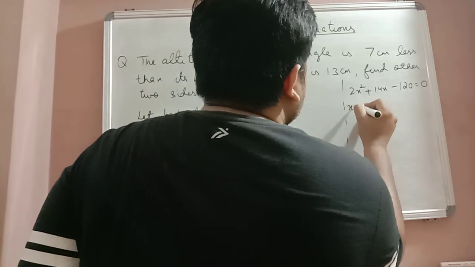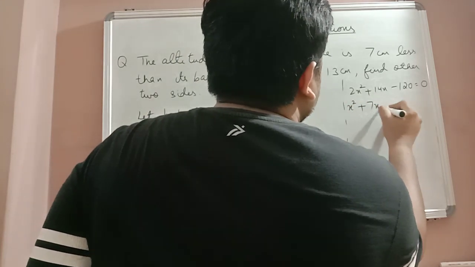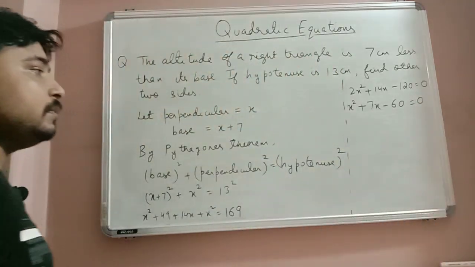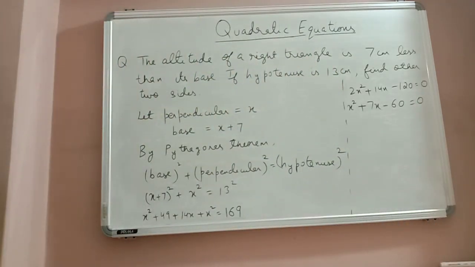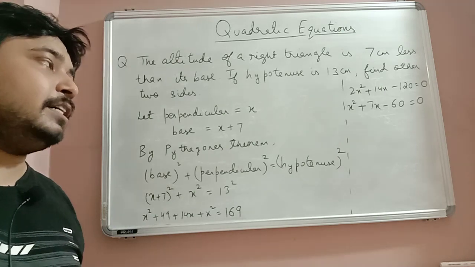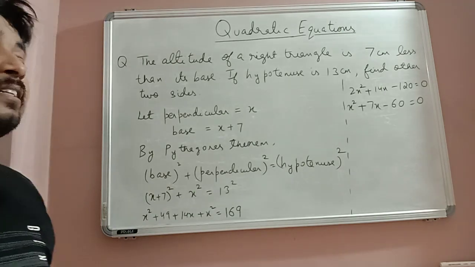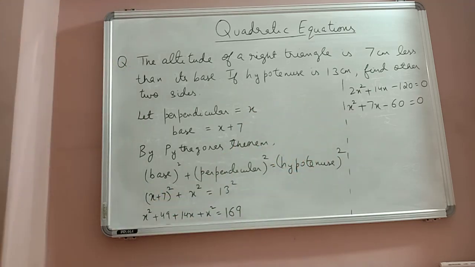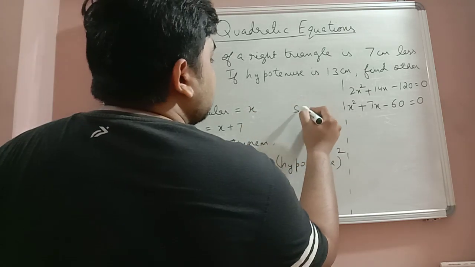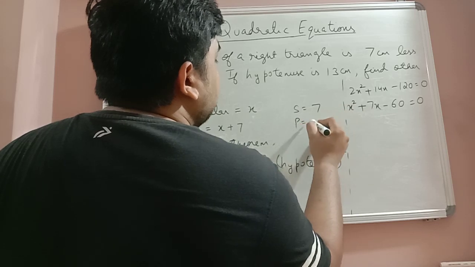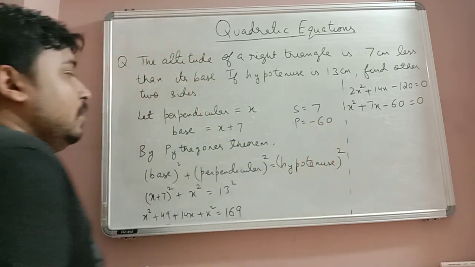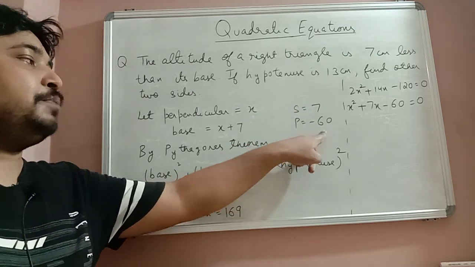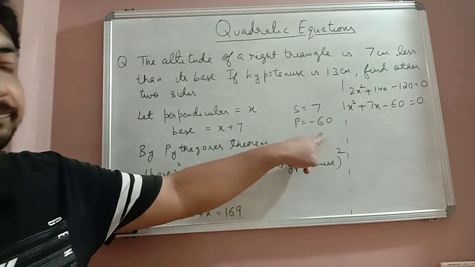So this becomes x square plus 7x minus 60 equals to 0. Now again I will solve this quadratic equation by splitting the middle term method. So I will take sum as 7 and my product will be minus 60. Now we need to think of two numbers whose sum is 7 and whose product is minus 60.